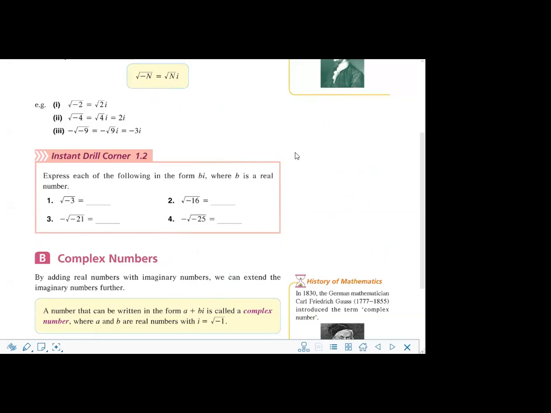So the i, the square root of a negative number, is called the imaginary number. A number times i is called an imaginary number.